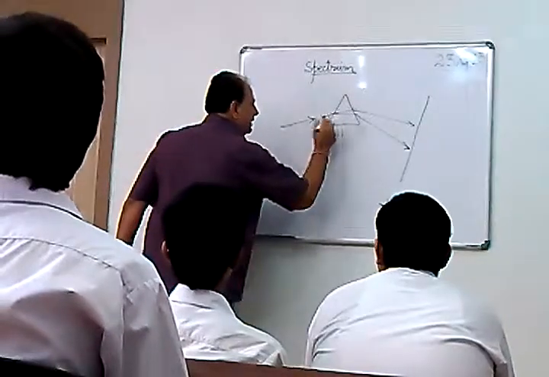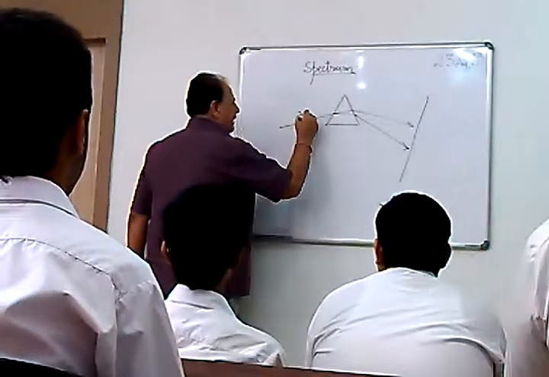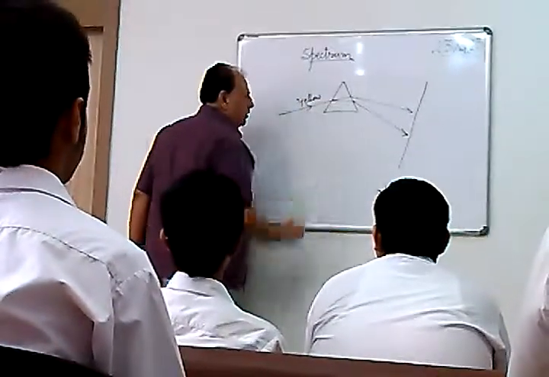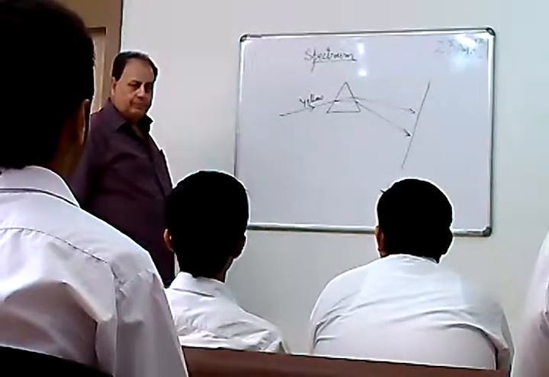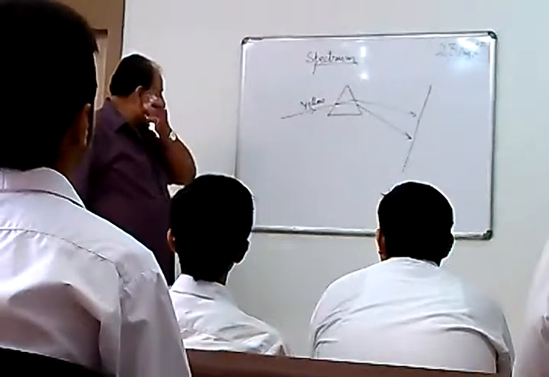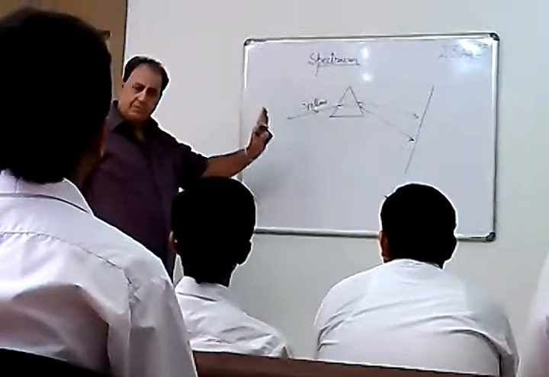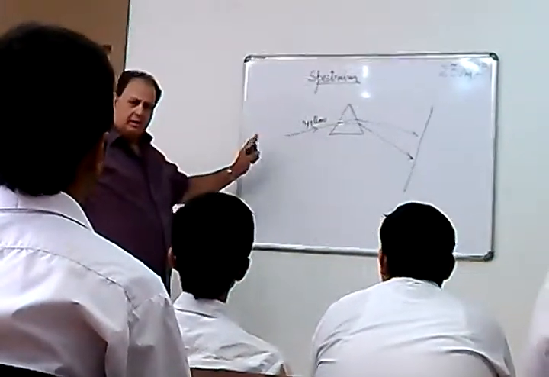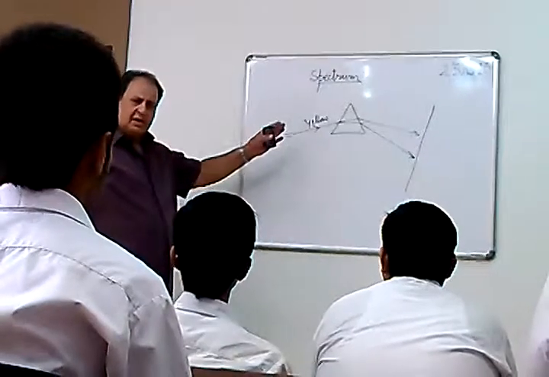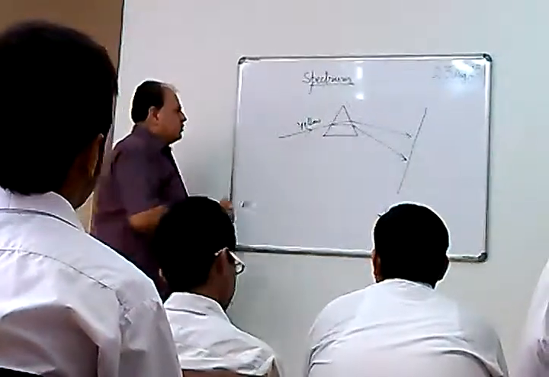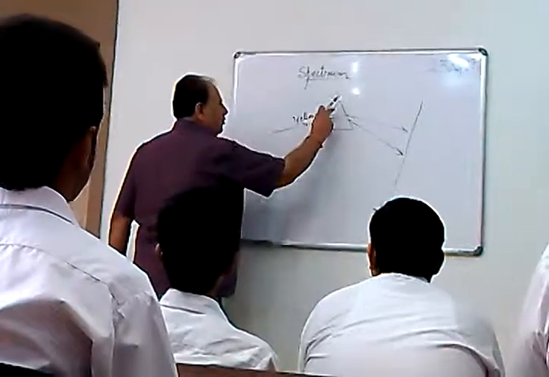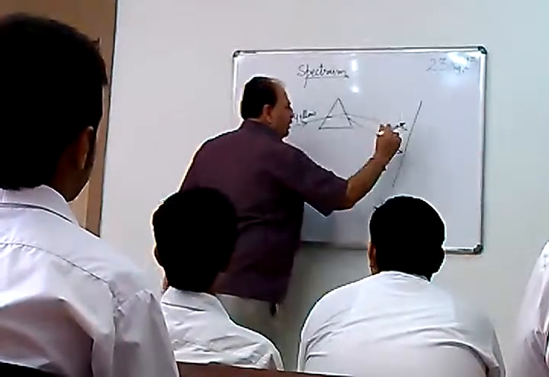Let us say this is a yellow light. Yellow light will pass through any dispersive medium. It can be anything. It can be a prism, it can be a spectrometer, it can be a spectroscope. You pass the yellow light through a prism, you note that there is a yellow line.